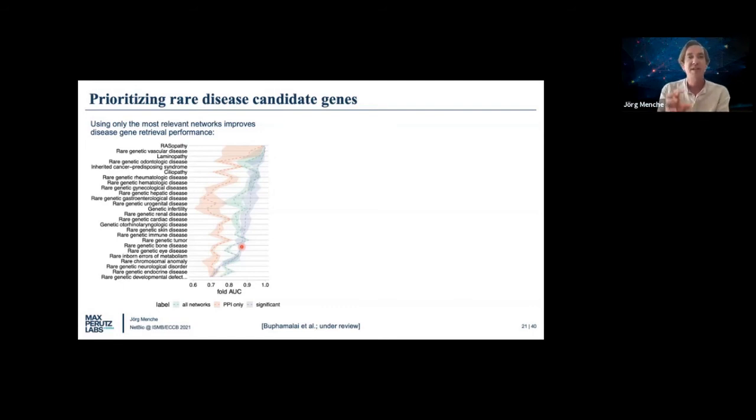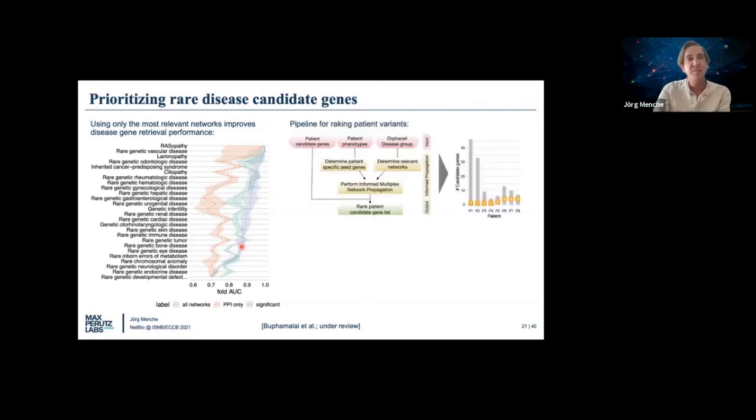So we can now go ahead and build pipelines that are very specific for the particular application of prioritizing genomic variants in individual rare disease patients, which is summarized here. We would include the phenotype of a particular patient, both for extracting the seed genes that are most relevant, and also for extracting the networks that are most relevant.